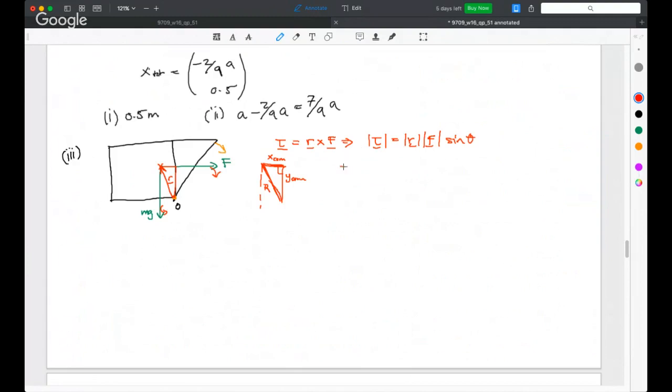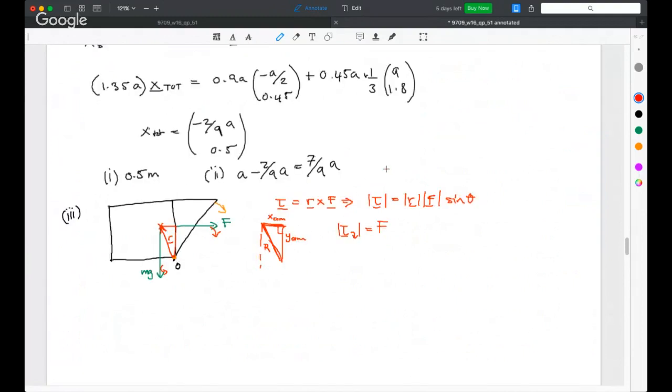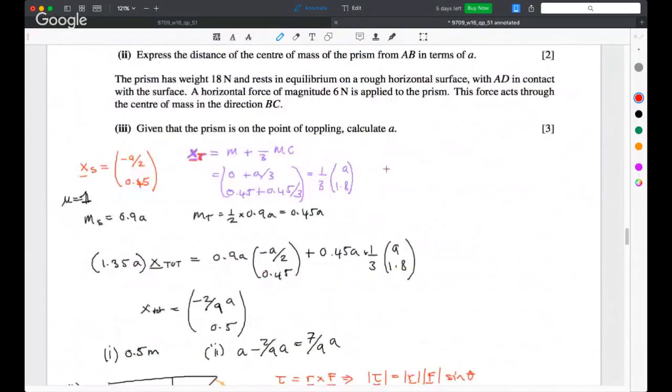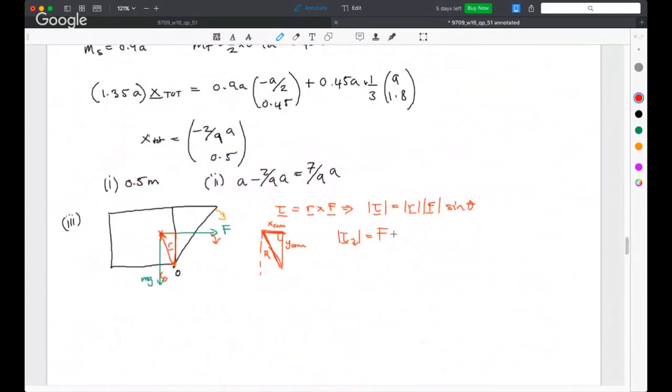So the torque acting that way, at least the magnitude of it, is F, which they've given us, the force being applied, 6 newtons, times r, times the sine of theta, which here is the angle between r and the vector F. The sine of this theta is y over r.